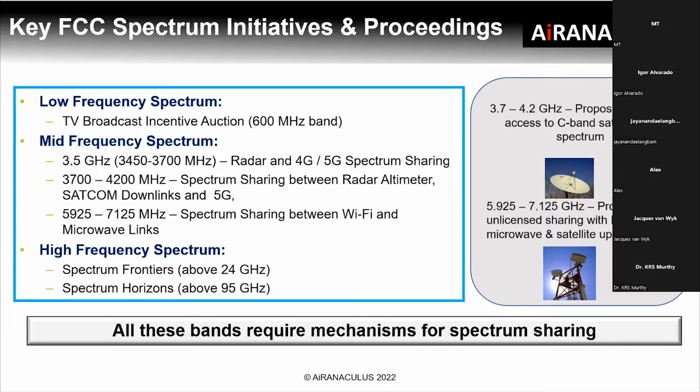There's a lot of discussion going on in the 3.1 to 3.55 gigahertz band, where you'll need fast spectrum sharing between the radars as well as the commercial entities. And there are more than 30 different types of radars operating in this band, which includes AVAX as well as SPY radars, SPN-43 and others. In 3.7 to 4.2, there was a lot of controversy between the altimeters as well as the 5G.